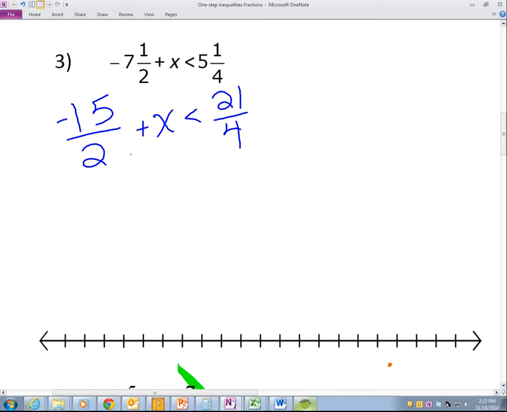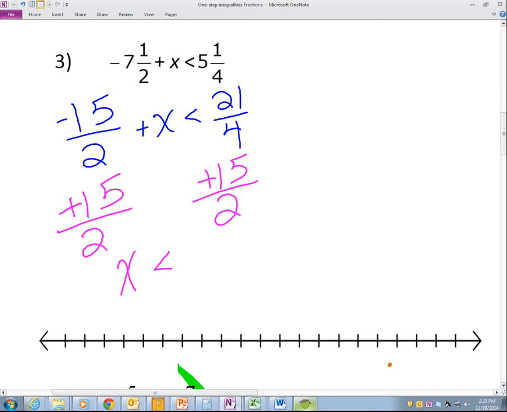Not the reciprocal, the inverse. 15 over 2? Yes, it's a positive 15 over 2. If this is negative 15 over 2, I'm just going to do the exact opposite of it to get x by itself. And I also have to do it to this side, 15 over 2. Okay? So now I just have x on this side is less than 21 fourths plus 15 over 2.